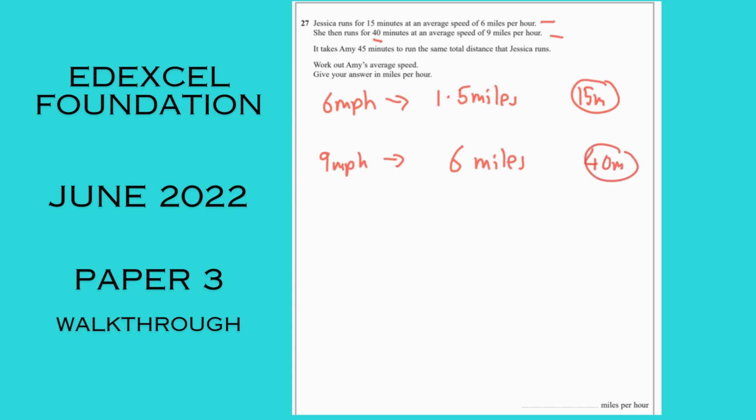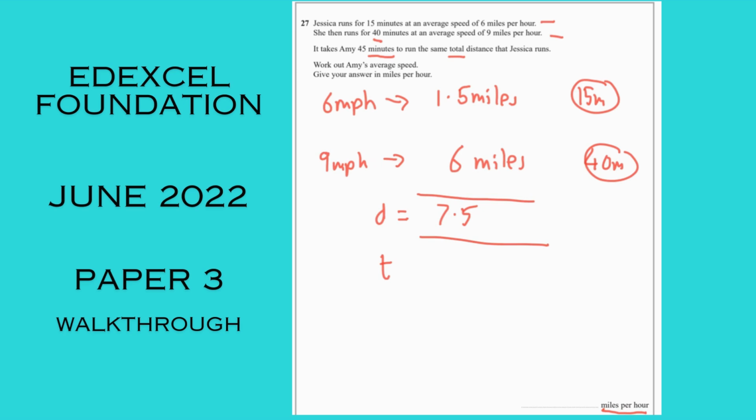And it says it takes Amy 45 minutes to run the same. So total distance 7.5. So Amy has a time 45 minutes. Now, not a fan. Always be careful, people. This is where overcomplicated and making simple mistakes happens.